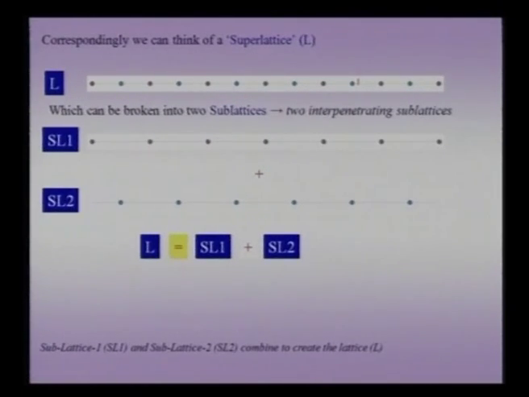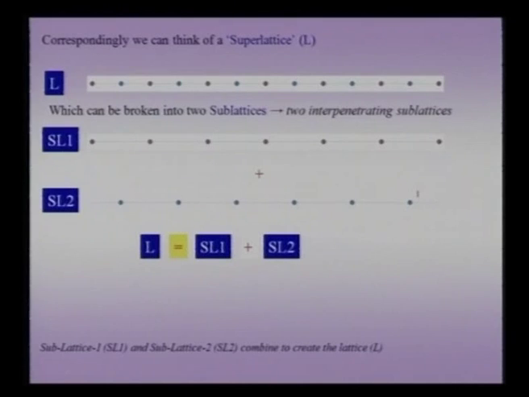Once I decorate this lattice with up and down arrows, I clearly see that the set of blue points no longer remains a lattice. But if I just consider the array independently, then I can always think of this as a lattice. I can now break up this lattice into two parts: the brown lattice, which is sub-lattice 1, and the blue lattice, which is sub-lattice 2.